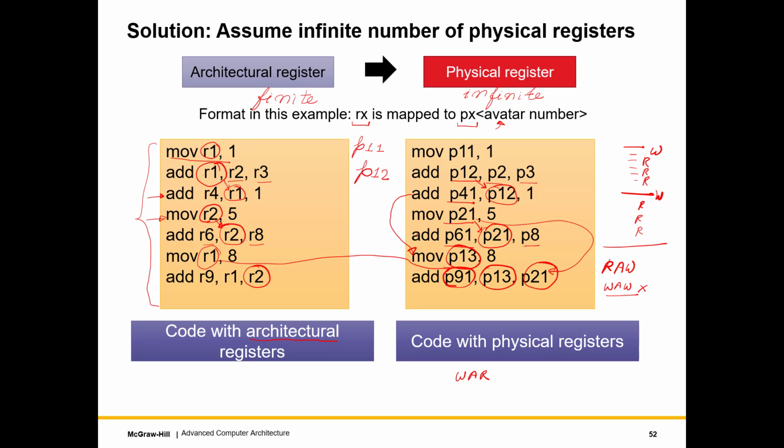But now since we give a different physical register to each avatar, write after read issues will simply not happen, because after a read to an architectural register, the next write will actually write to a different physical register.